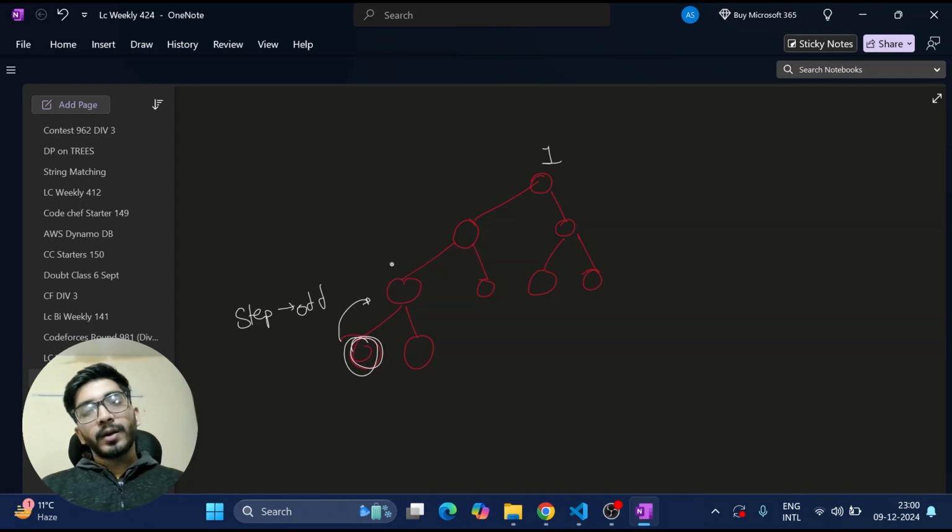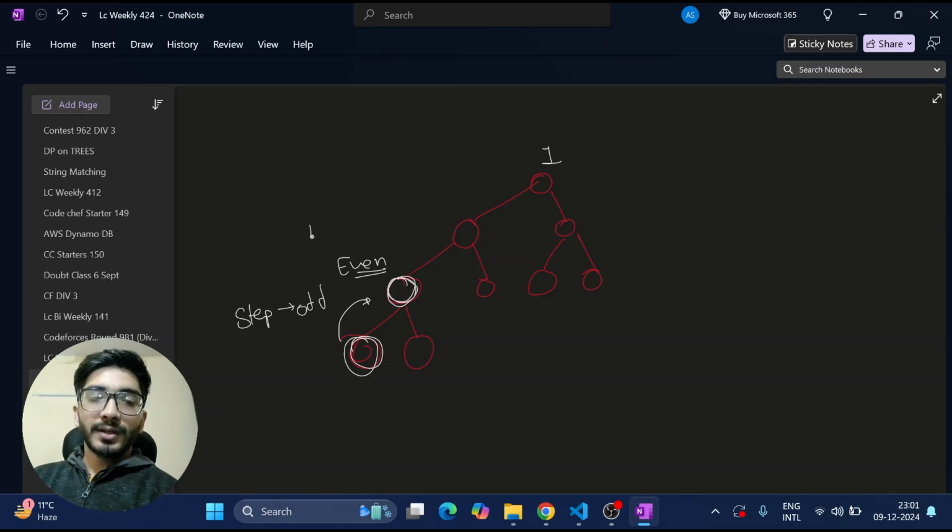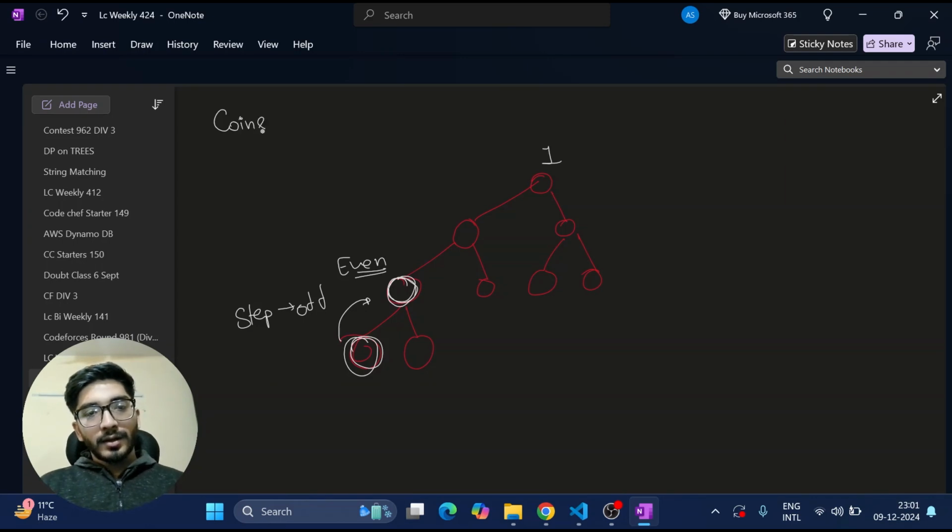But from any particular node at an even step, if we have some available coins, what are we going to do?